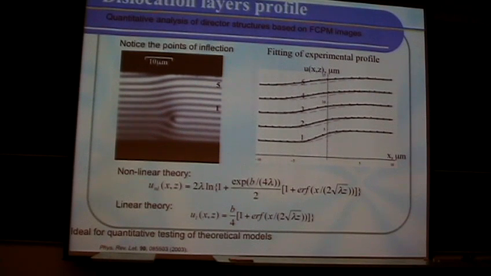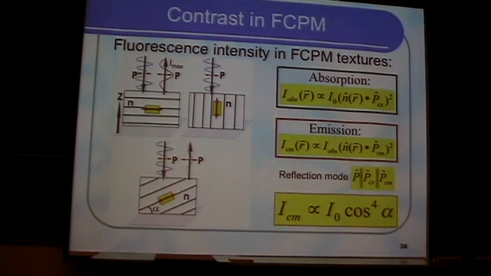The predictions of linear theory are plotted here by dashed lines, whereas those of nonlinear theory are plotted using solid lines. The dots correspond to the experimental data obtained by fitting the layers above and below this dislocation. You can see that the nonlinear theory describes the obtained result much better than the linear theory.